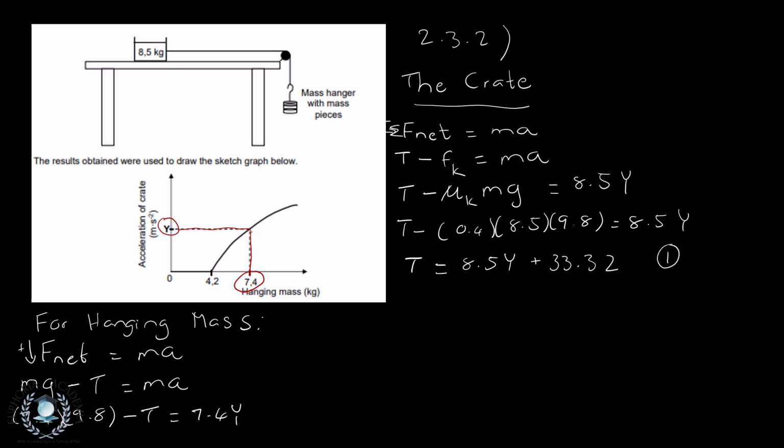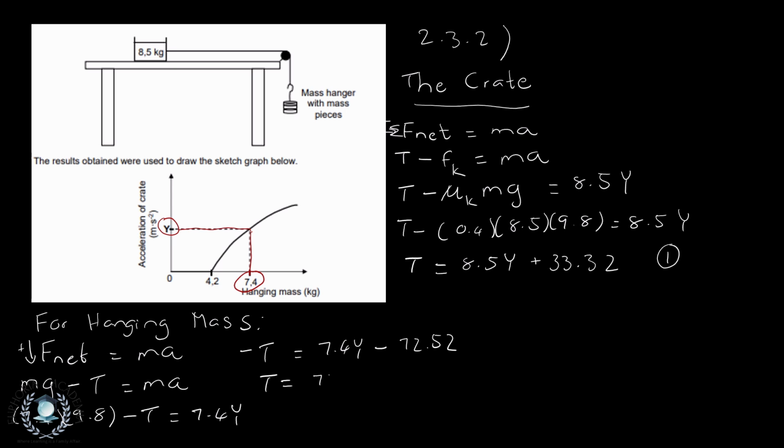Now we're going to do some simplifications as well as mathematics, and we're going to find that our minus T is going to be equal to 7.4y minus 7.4 times 9.8, that is going to give us 72.52, and let us make sure that we have T in the positive sense.